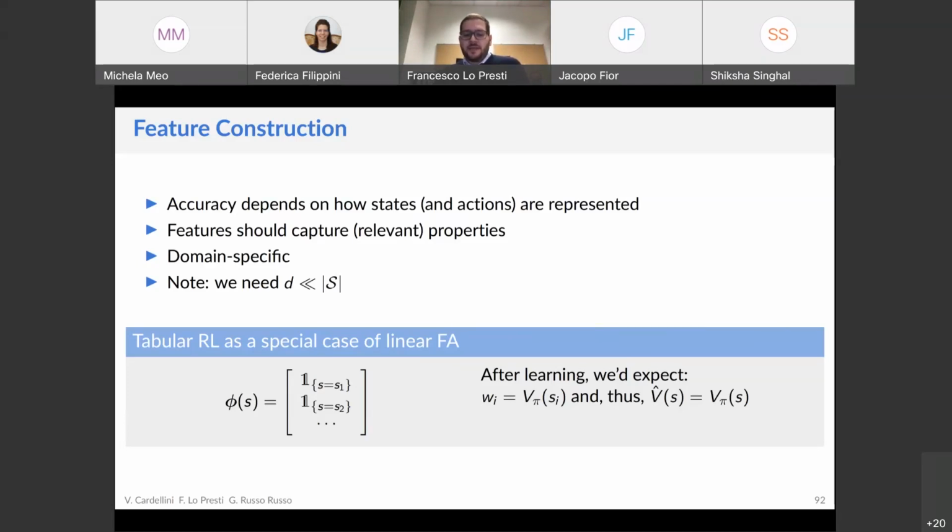If we compute the weights using these features, we end up having a parameter W_i, which corresponds to the value of the state i. So in this case, we may have an approximate function V that is identical to the true value function. But of course, in this scenario, we have no memory savings because we are using exactly one feature and then one parameter for each state in the system. So there is no advantage in doing so.